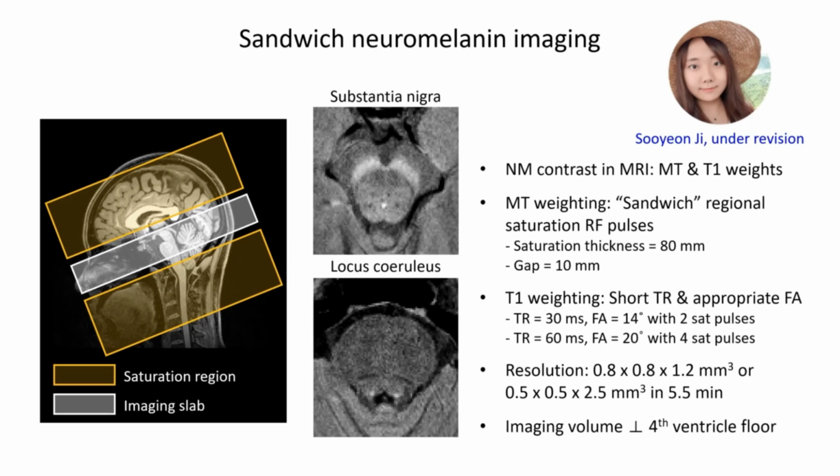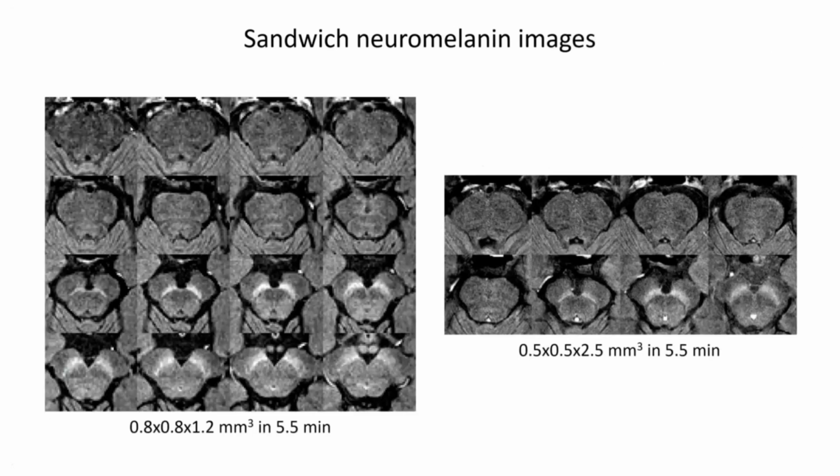Well, the imaging slab is oriented perpendicular to the fourth ventricle floor shown here, so that we can have the homogeneous locus coeruleus as shown on the image. And these are two results of the two different resolutions. The one on the left is using low resolution images. On the other hand, the one on the right has the high in-plane resolution, so that you can have better delineation of these locus coeruleus structures.